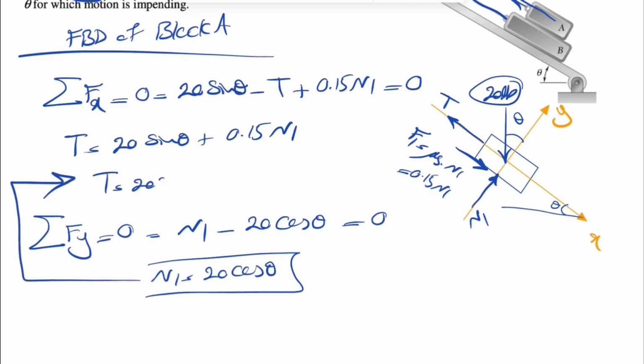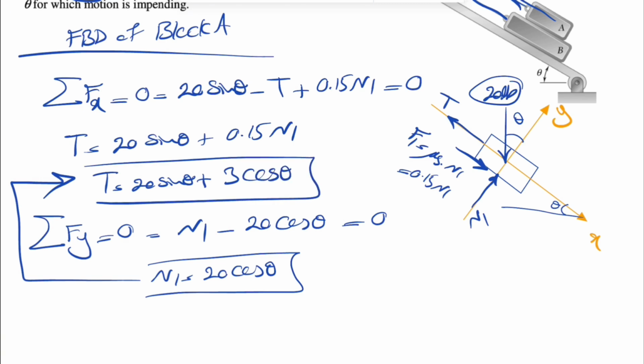So our T would be 20 sine of theta plus 0.15 times 20 cosine of theta, which will be 3 cosine of theta. I'm just going to put a note in here. So T is equal to 20 sine of theta plus 3 cosine of theta.